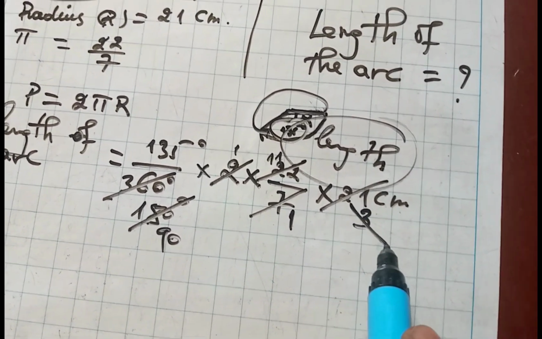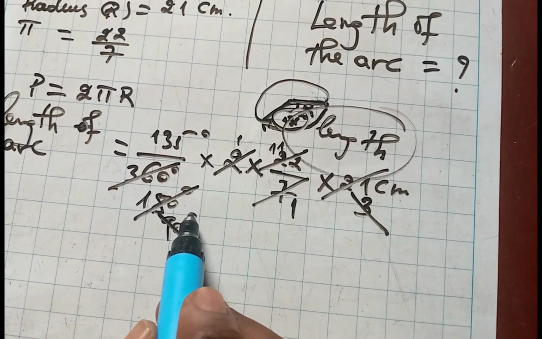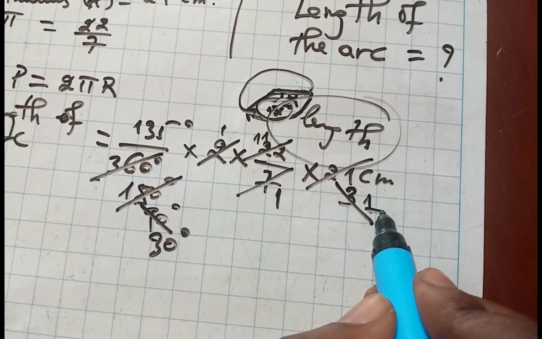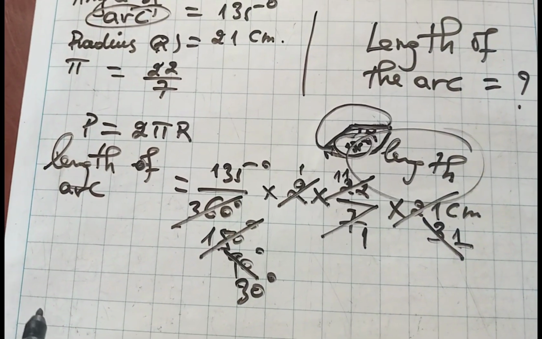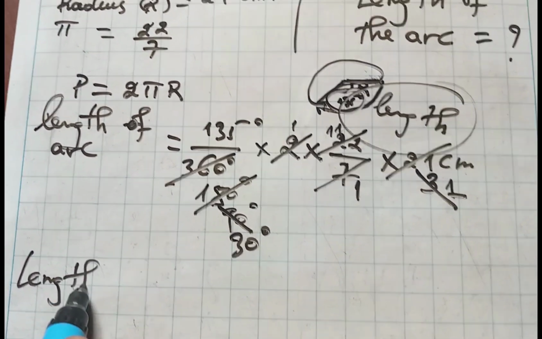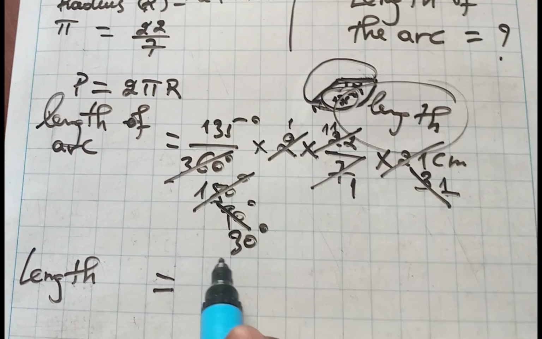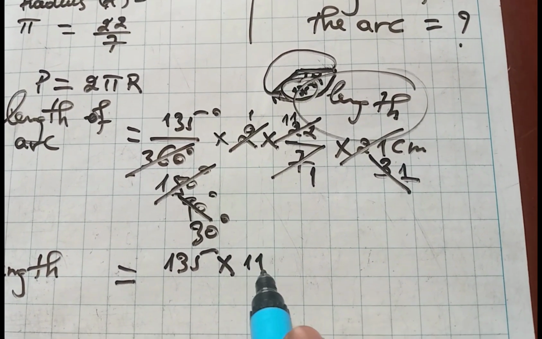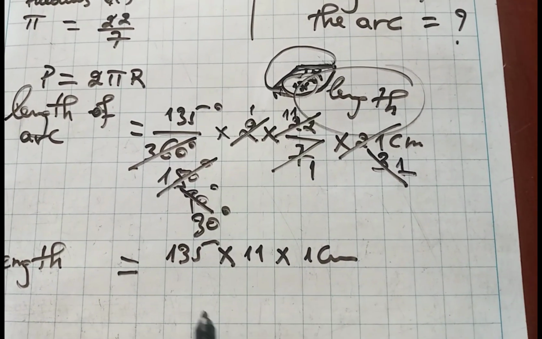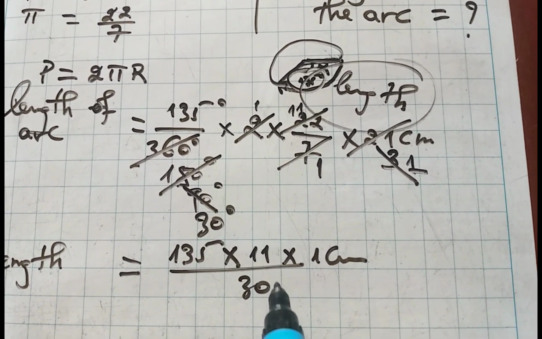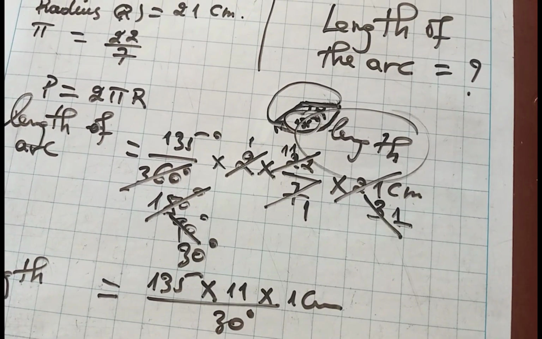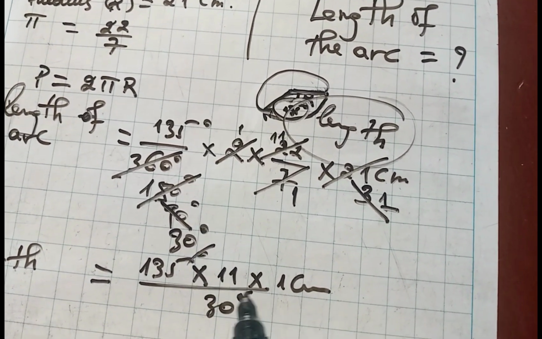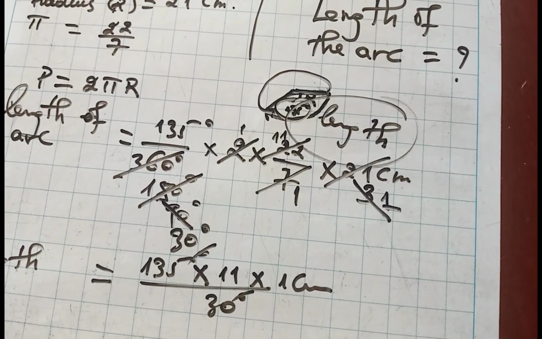Then this is 3 and this 90 degrees can be simplified to have 30 degrees here, to have 1 centimeter. So now this length of the arc will be equal to 135 times 11 times 1 centimeter divided by 30 degrees. Remember, here you have degrees. This degree here also can be simplified with this degree.